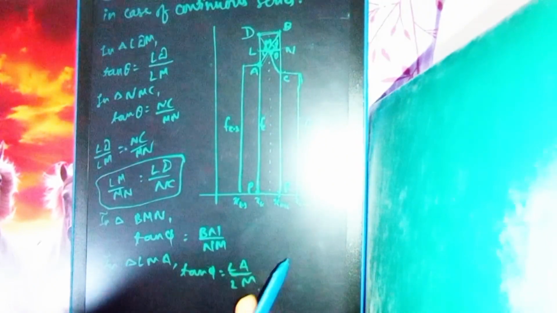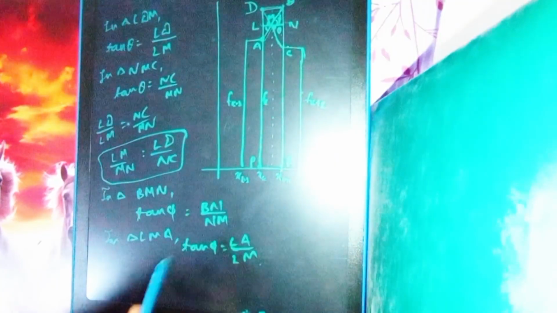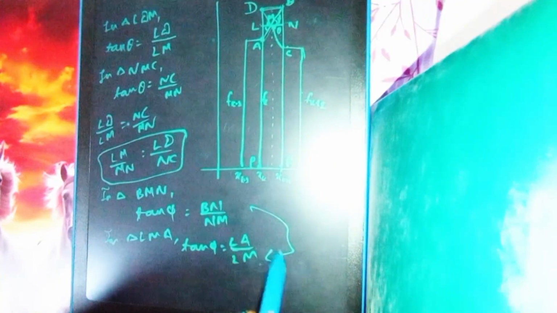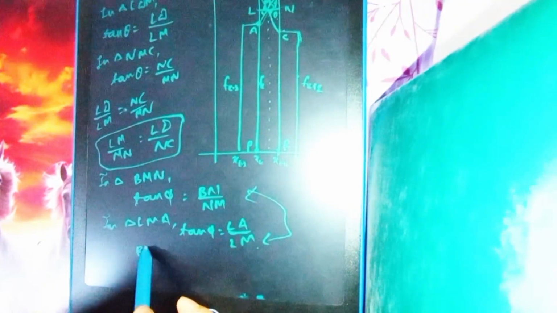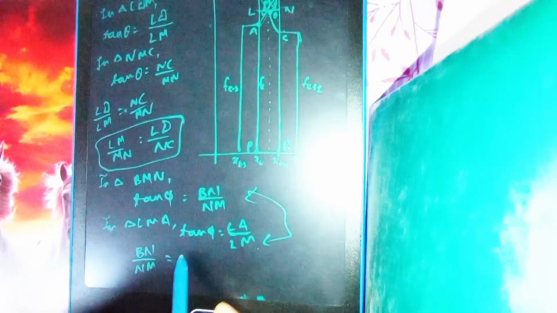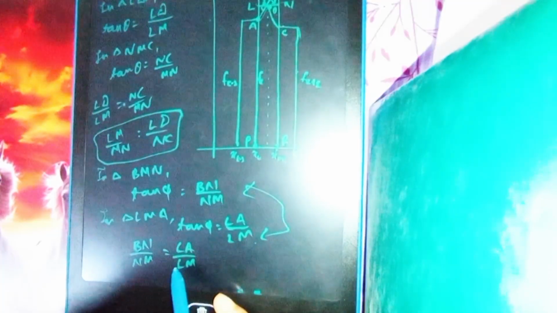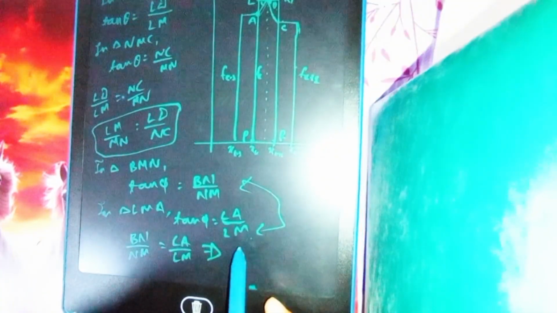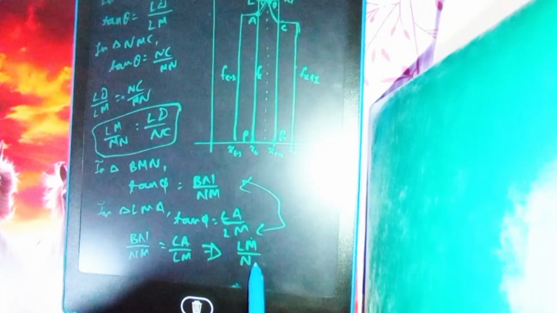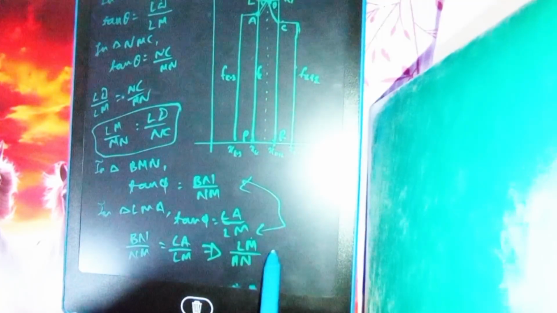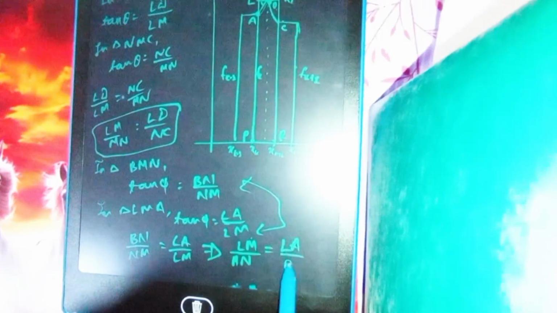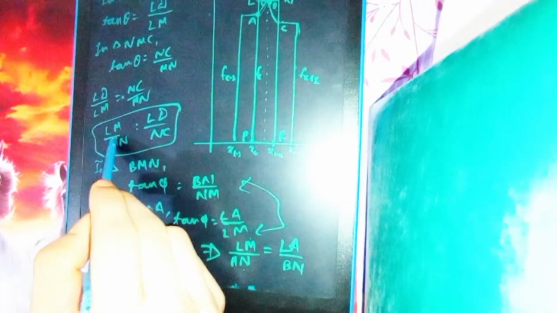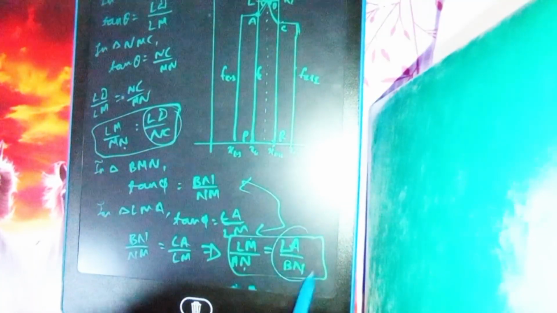You can see the figure also, and you can draw the figure and understand it well. So both should be equal, and we can write BN by NM is equal to LA by LM, so LM by MN will be equal to LA by BN. Both are LM by MN, so this and this should also be equal.